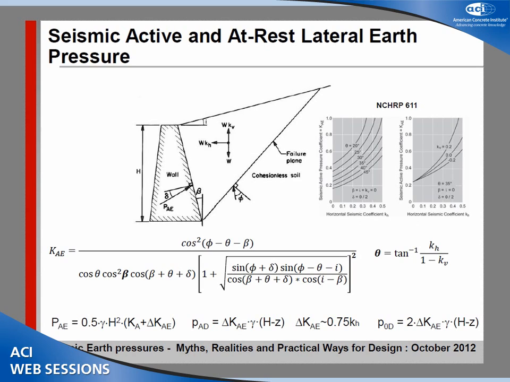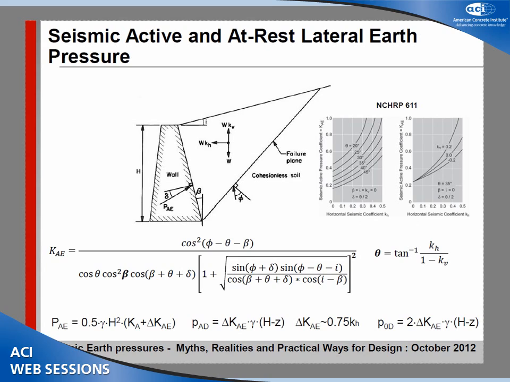And you could separate the component of the soil pressure due to a static condition from the one due to dynamic conditions, and that one due to dynamic conditions is normally proportional to 0.75 times the equivalent lateral acceleration coefficient used for the design.